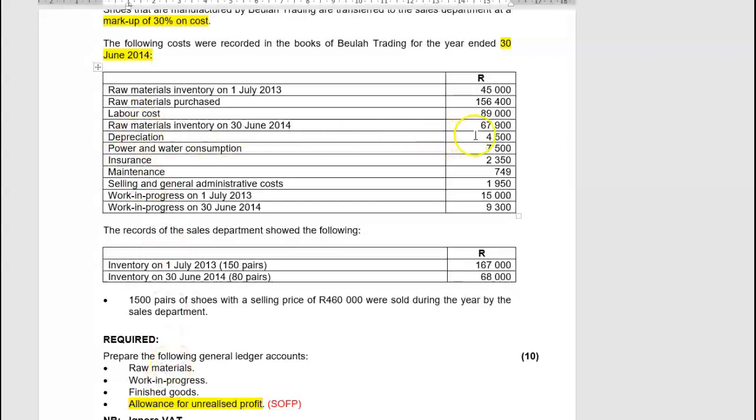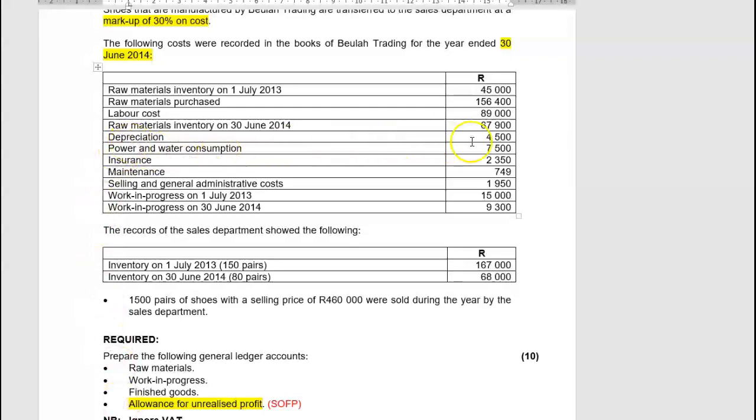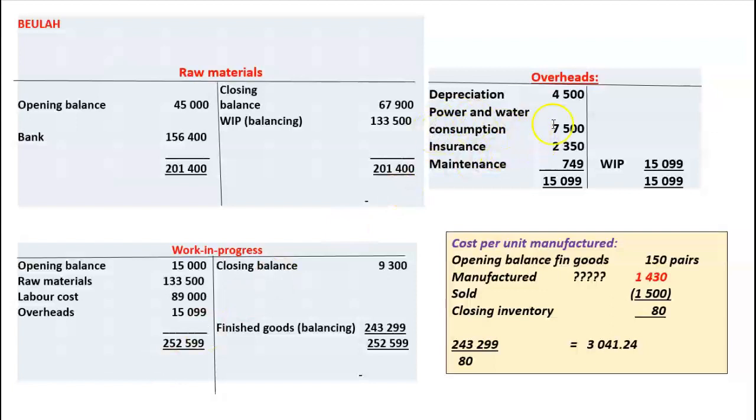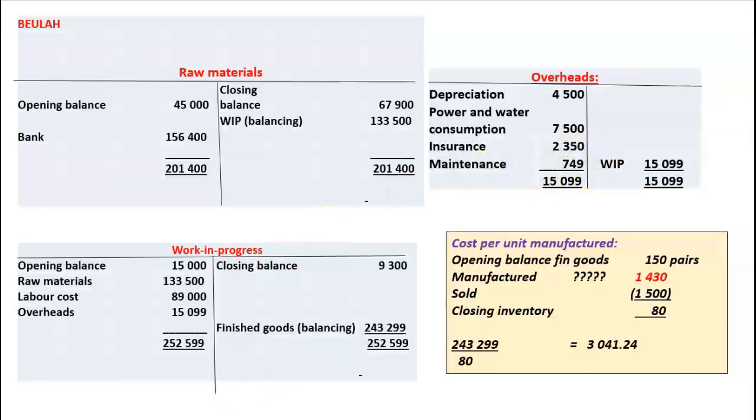Right, depreciation. We know that depreciation is an overhead cost, 4,500 Rand. So we're going to post it to overheads, depreciation, 4,500 Rand. Power and water consumption, 7,500. That is also overheads. Power, 7,500. And then insurance, also an overhead cost of 2,350.